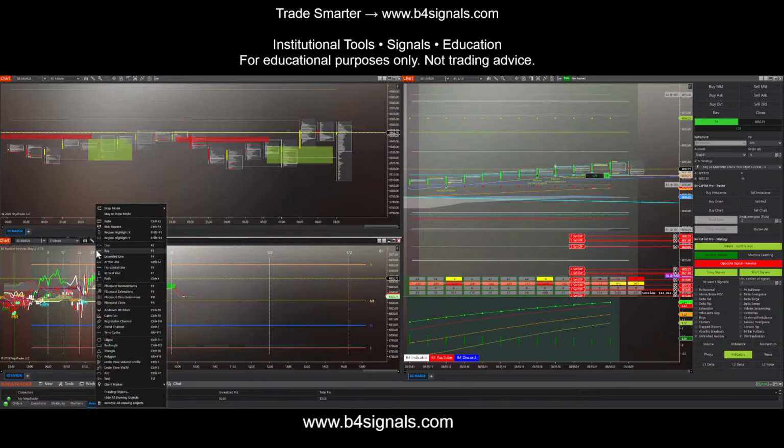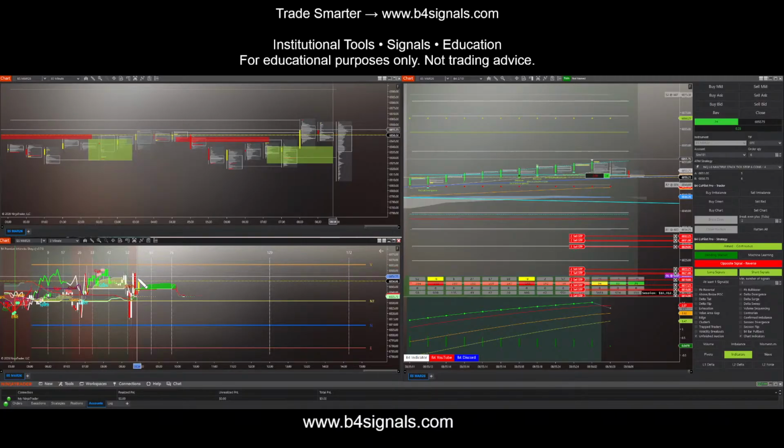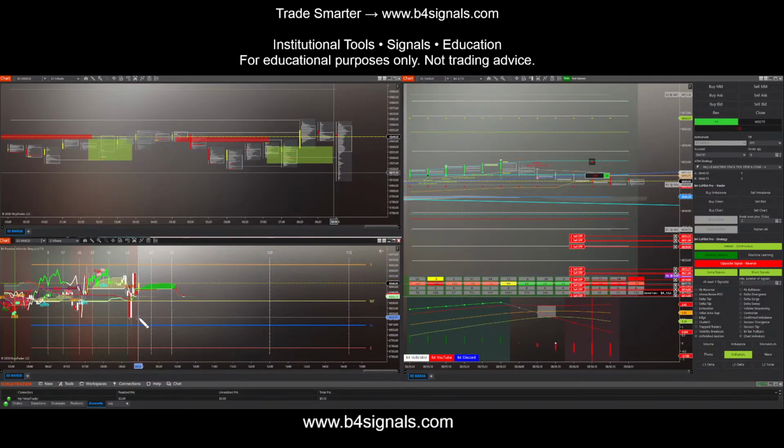I'm trying to wait to see if we're going to see some Ichimoku price patterns start working out here. Right now, not necessarily.